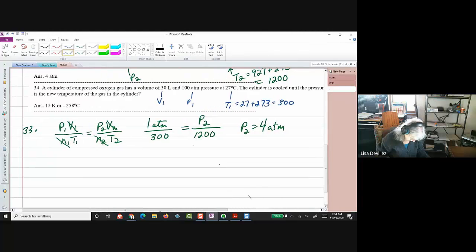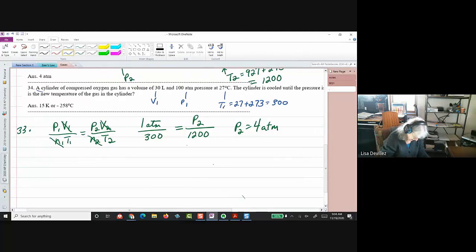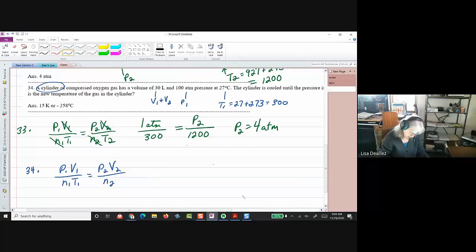All right. And here, because this is a rigid cylinder, V1 and V2 are going to be the same. So P1V1 over n1T1 is equal to P2V2 over n2T2. So my volume is staying the same and the moles are staying the same.